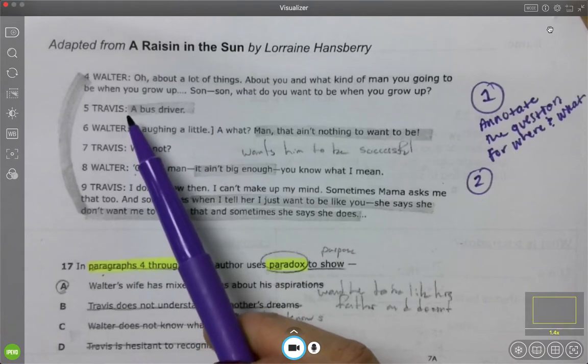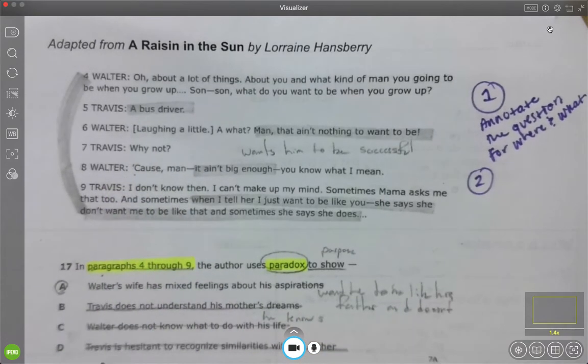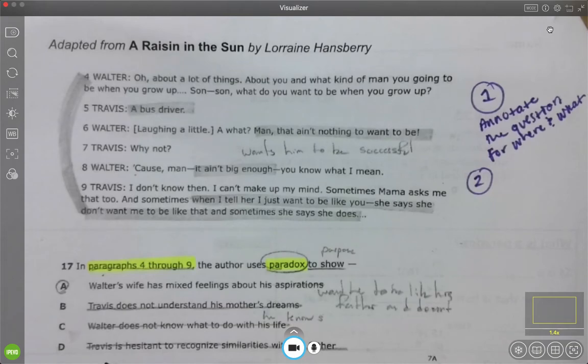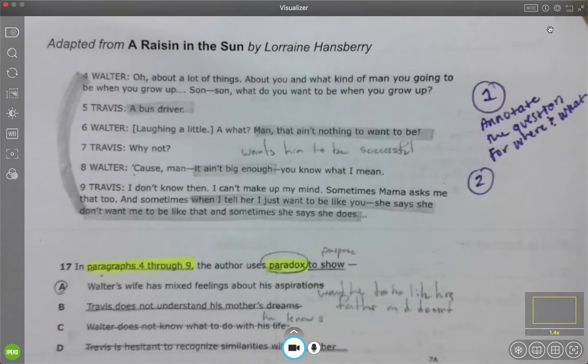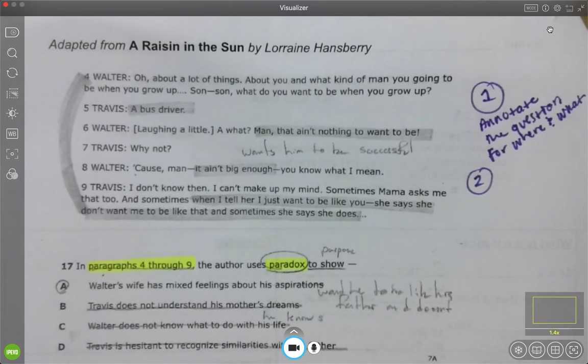Walter says, oh, about a lot of things. About you and what kind of man you're going to be when you grow up. Son, what do you want to be when you grow up? Travis says, a bus driver. Walter, what? Man, that ain't nothing to want to be.